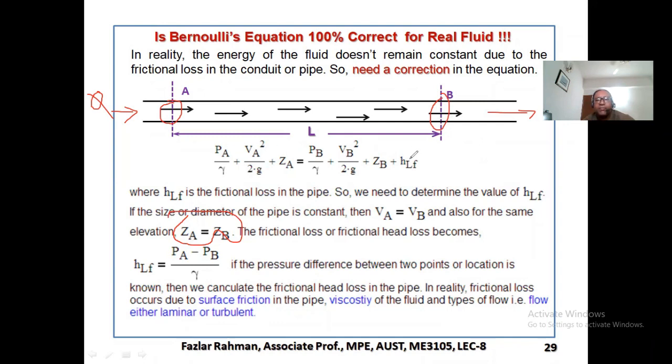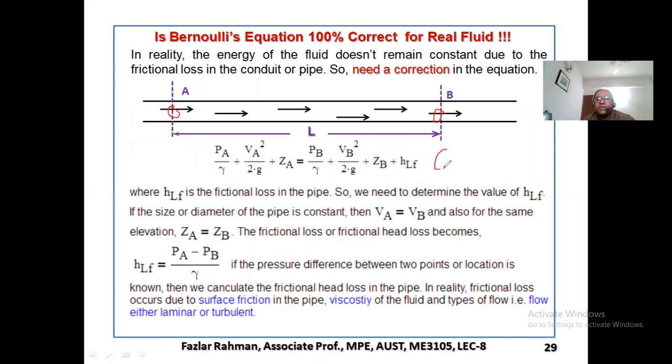So if I apply Bernoulli's equation without loss, my equation will be this one. But actually there will be some loss. That loss we are calling HLF, that means hydraulic frictional loss. Now how can we figure out that loss? If you simply apply Bernoulli's equation between the 2 points A and B, then you will see that the velocity at point B and A will be the same.